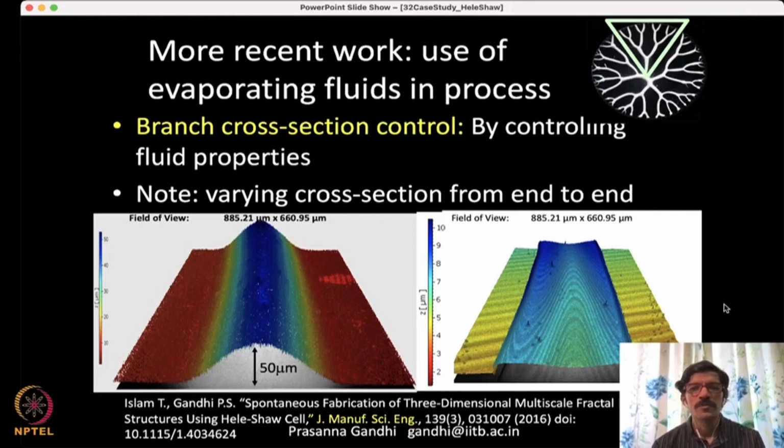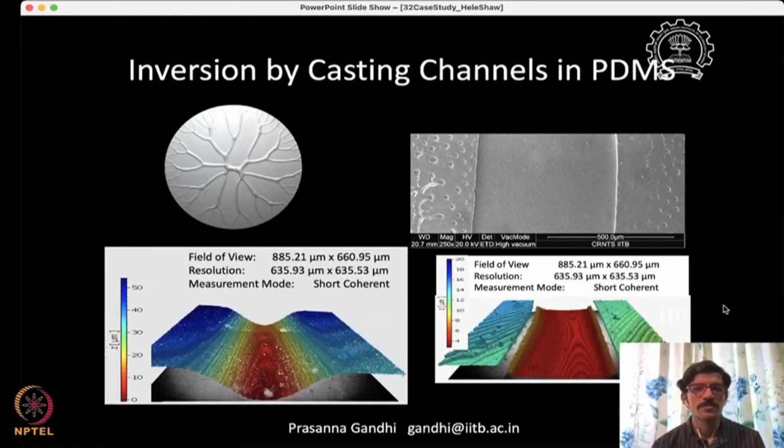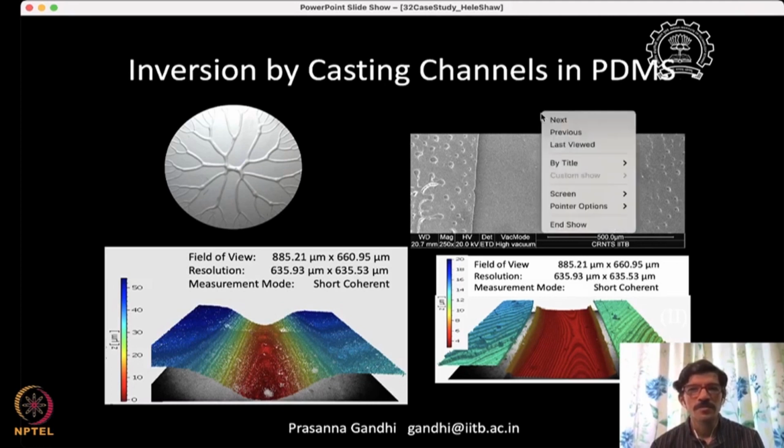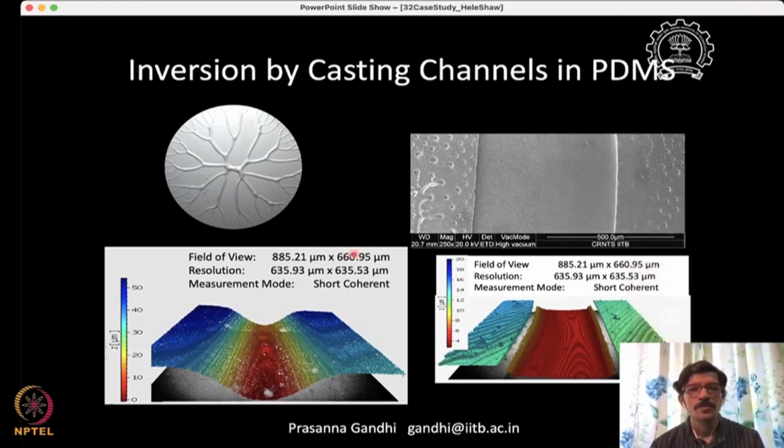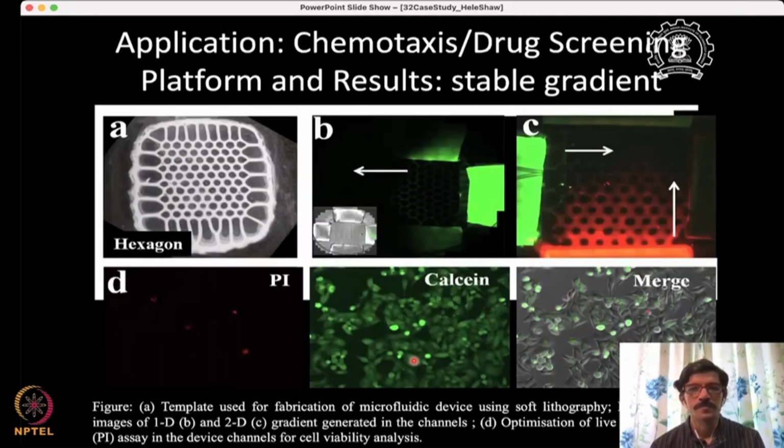These kinds of patterns are very easy to get in this process, and then we can invert this by casting in a material called PDMS. This is a rubber-like material in which this can be cast, and then this can act as microchannels of different cross sections.